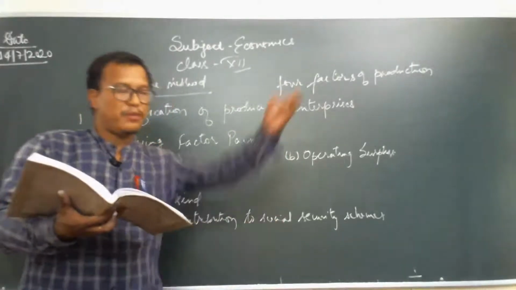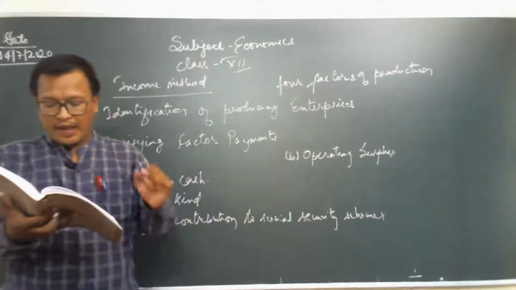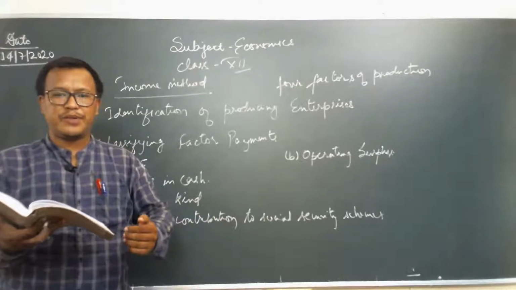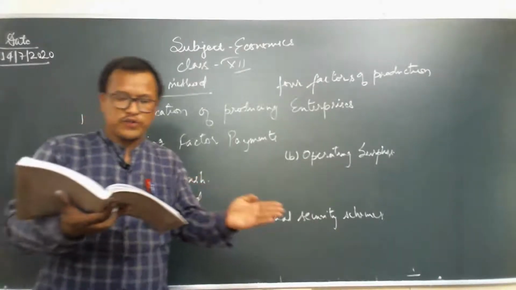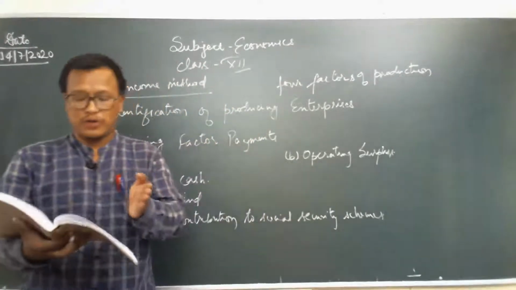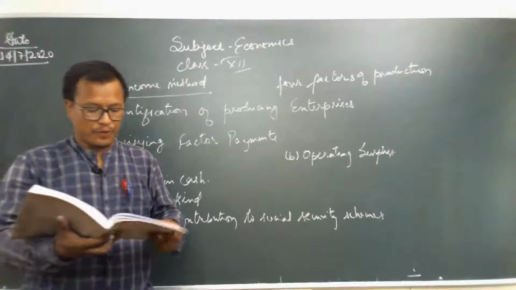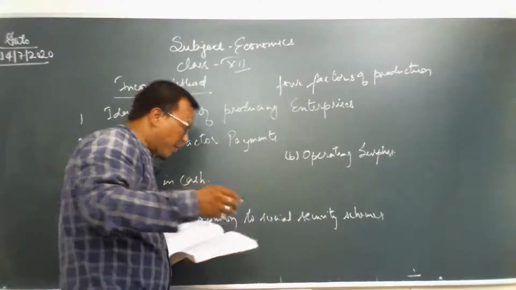For example, from the property, we can say rent, royalty, and interest. And income from entrepreneurship. From entrepreneurship, it will be profits. Profits will be from dividends plus corporation tax plus corporate savings. So we can say that operating surplus can be from rent.